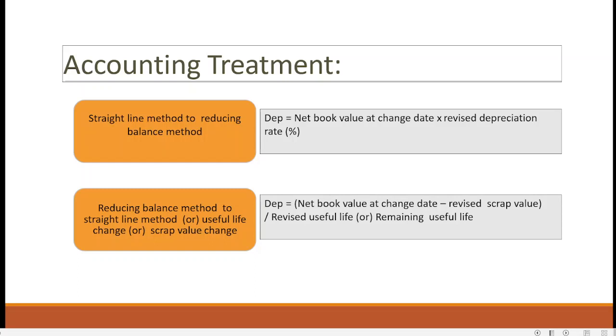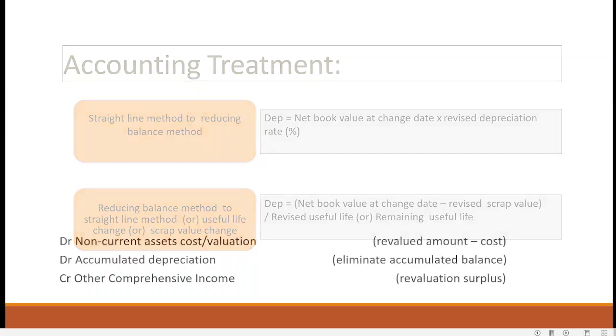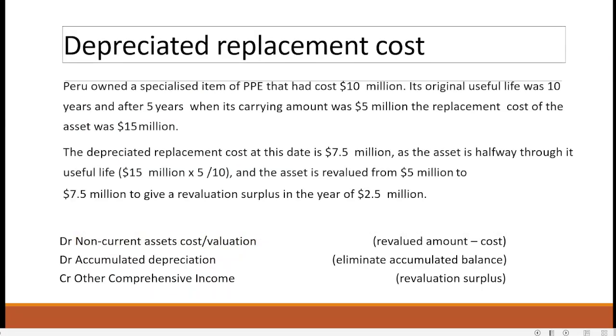Whatever is the new value because of change in the useful life, change in the scrap value, change in the cost, or change in the depreciation method, you will look at the net book value as of that date, and then divide that by the remaining useful life of the asset. So that's an example here, which we are going to use.